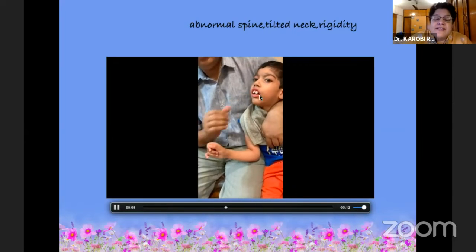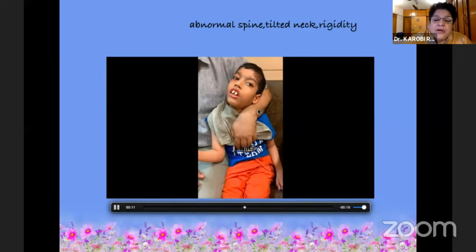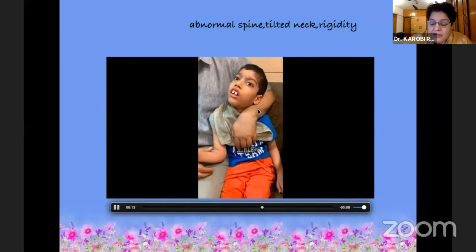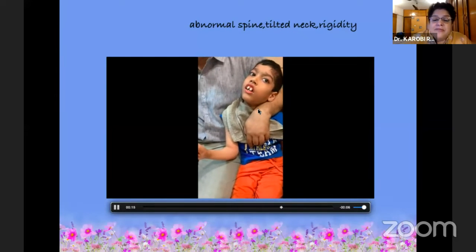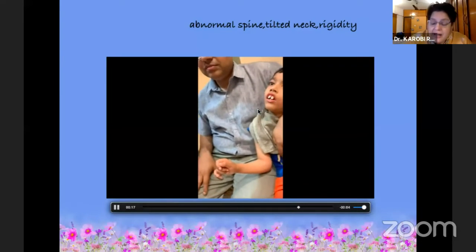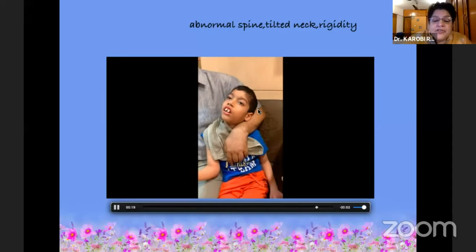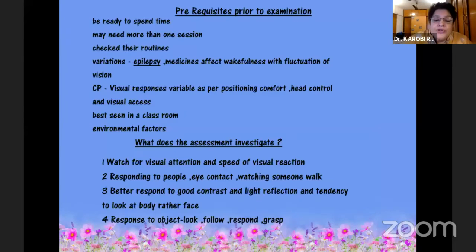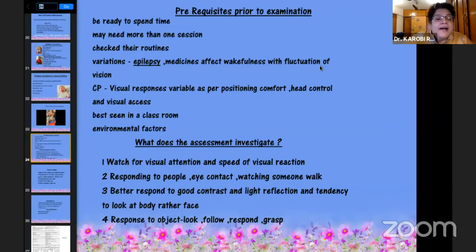There was neck rigidity and rigidity in the entire body. So you never get the head down, and you never get a perfect child lying supine for any of the functions that you are going to do. So these are a few things that you have to address.